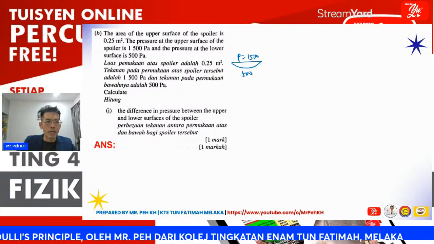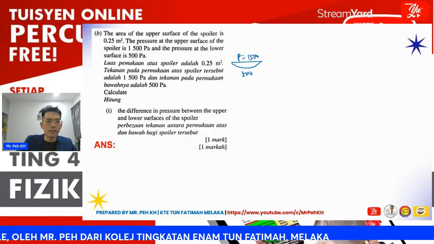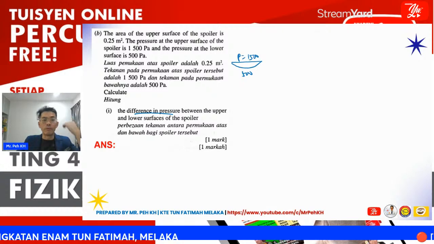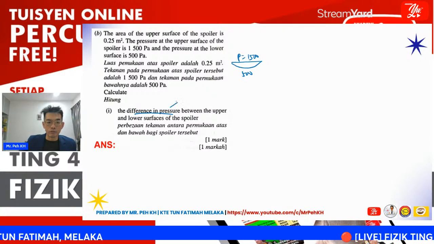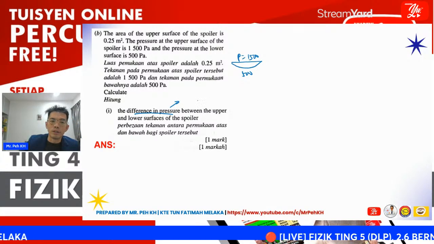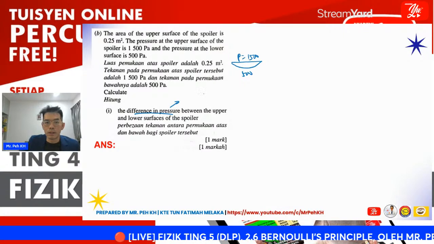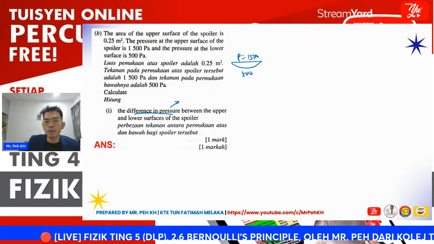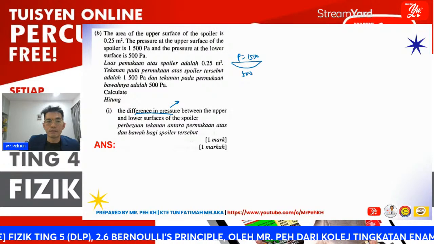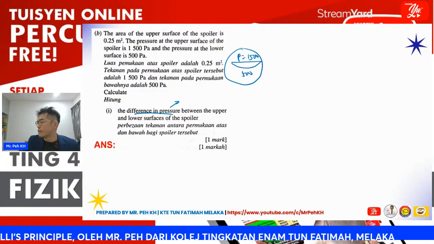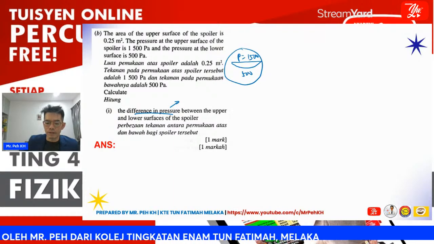The question asks you to find the difference in pressure. What is the value? Just now we used the formula where we take higher pressure minus lower pressure. Or very directly, you can get it from the figure I drew already. So you just use 1500 minus 500.